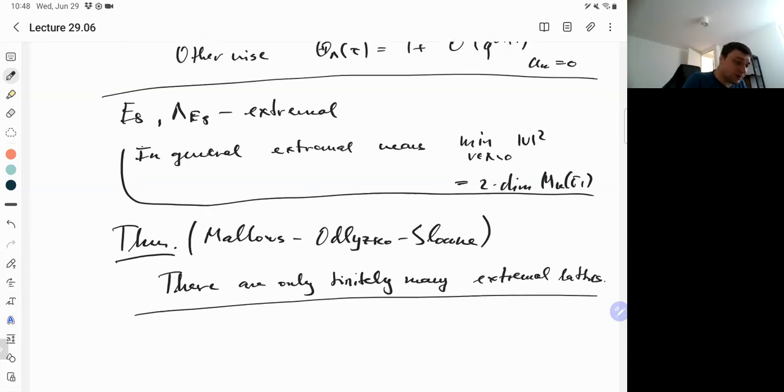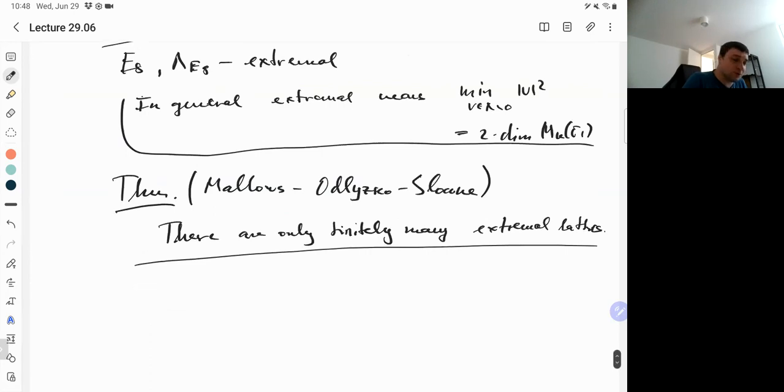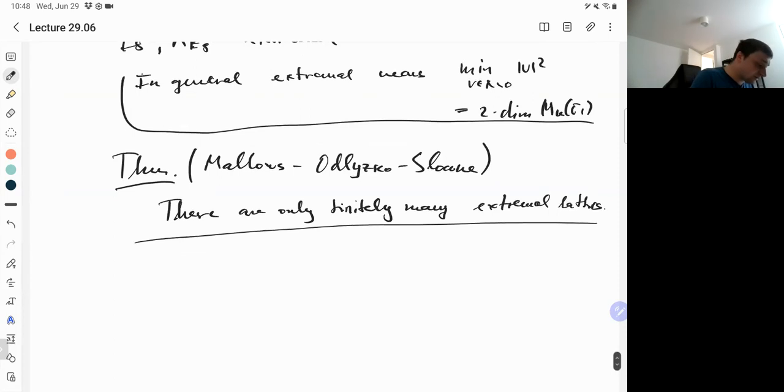Unfortunately, there's very little we know about the existence of extremal lattices. That's a big open problem: how far you can go in classifying them.